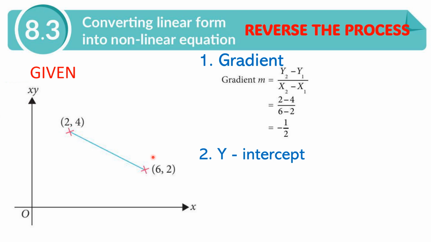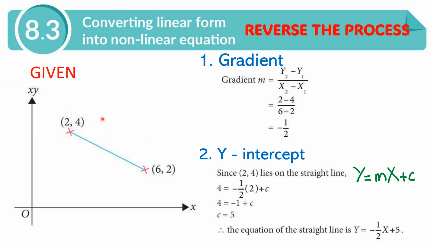What we need to bear in mind is that when we want to find the y-intercept, we have to take note of this linear form. Whatever points we want to sub into the equation to find the y-intercept, which is the value of c here, we make sure that we sub into this linear form. So what do I mean by this? In this example, I have selected to use the point (2, 4).